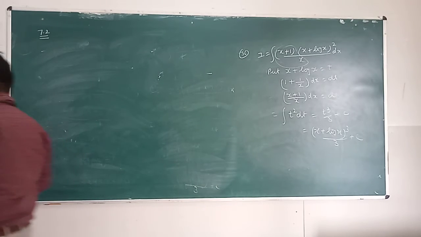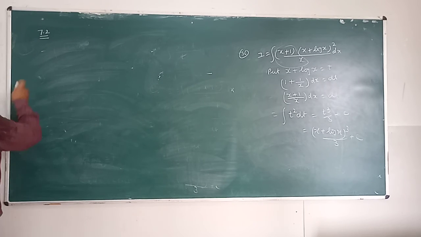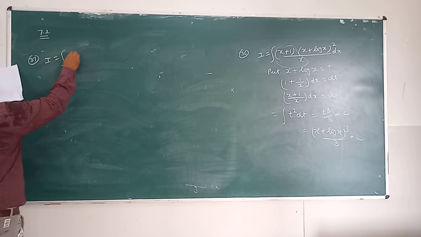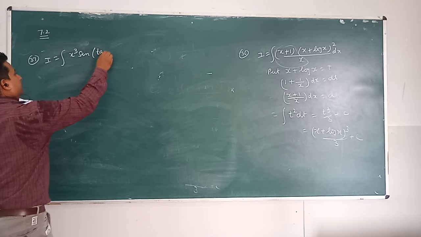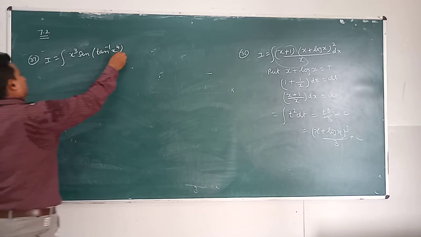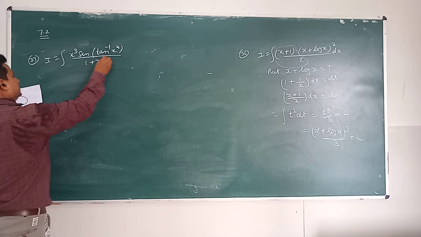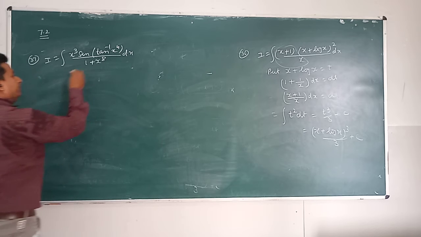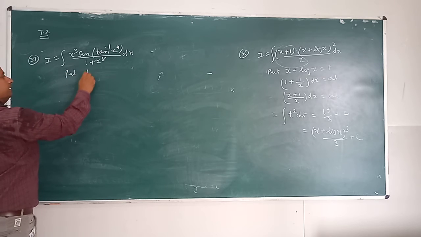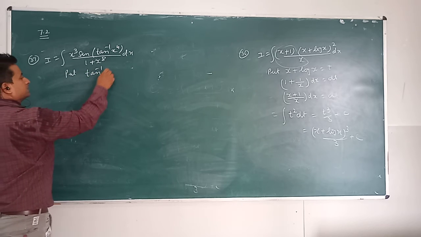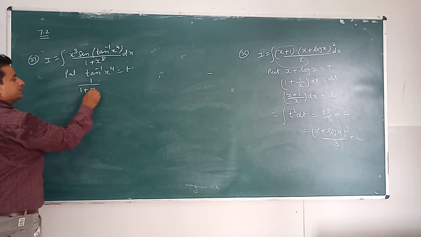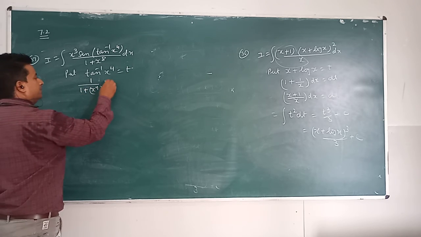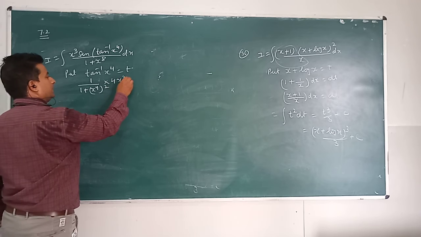In question number 37, the statement is I is equal to x cube sin(tan inverse x4) upon 1 plus x8. Here we put tan inverse x4 equals t. Differentiation of tan inverse is 1 upon 1 plus x square and the angle is 4x cube.